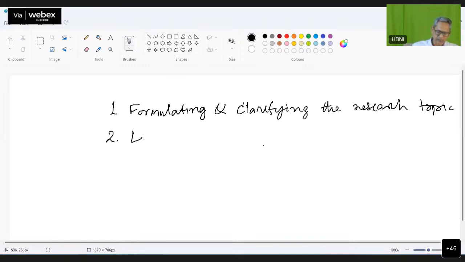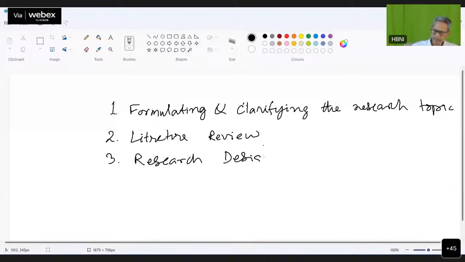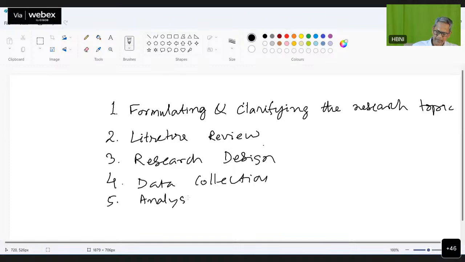Next will follow literature review. Then third, we have research design. Fourth, data collection. Fifth, analysis.